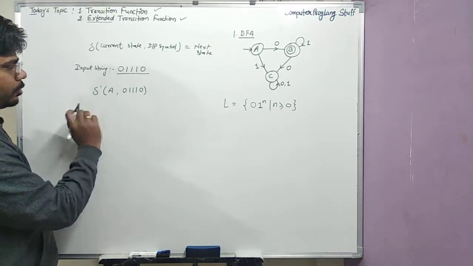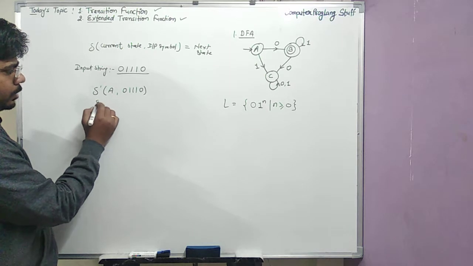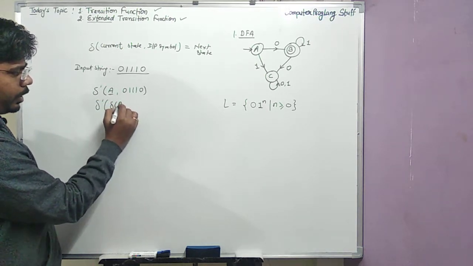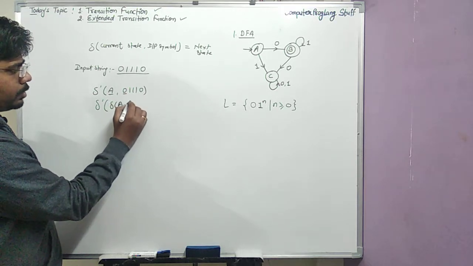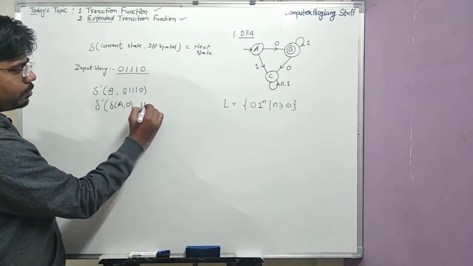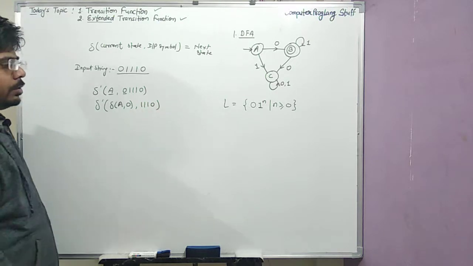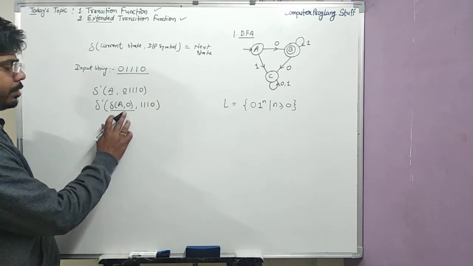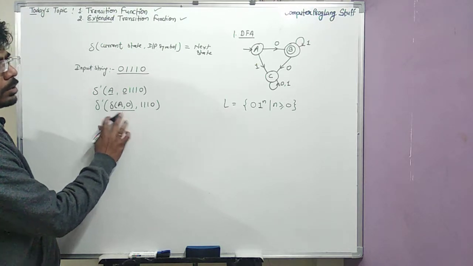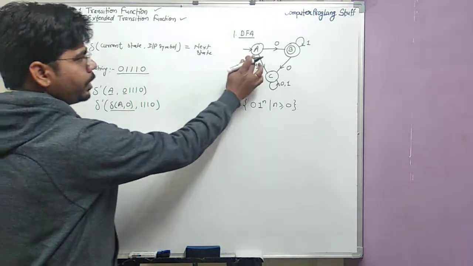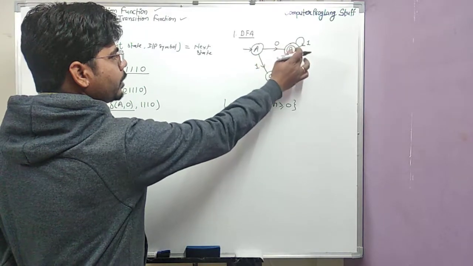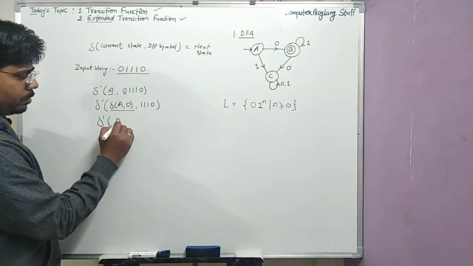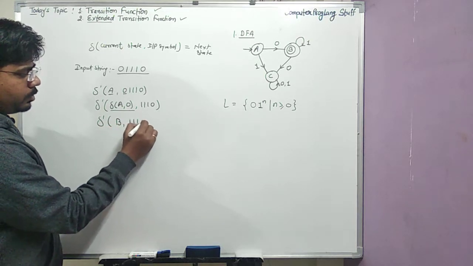Okay, so how can we proceed here? Delta dash, the current state is A, the input symbol is 0, and the rest we have is 1 1 1 0. From the A on 0 transition, you are getting B. So the next state is B with 1 1 1 0.